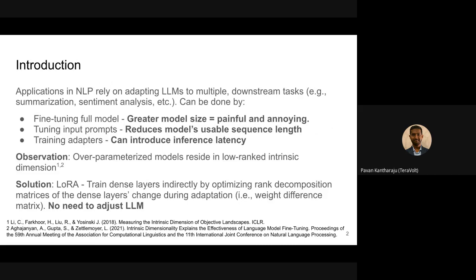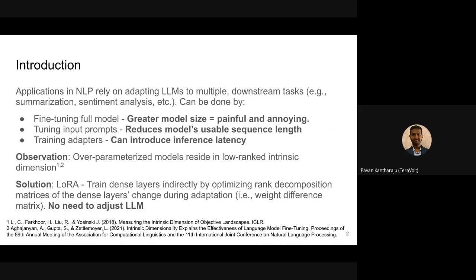To address these problems, the authors took inspiration from two prior works, which showed that over-parameterized models can reside in a low-rank intrinsic dimension. The way I understood intrinsic dimension is that it's the dimension in which solutions first start to appear.